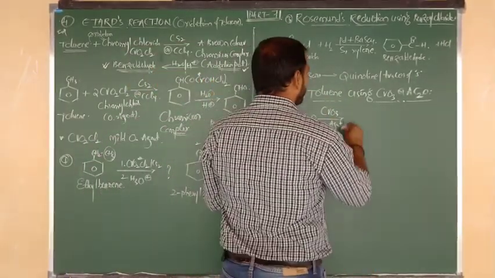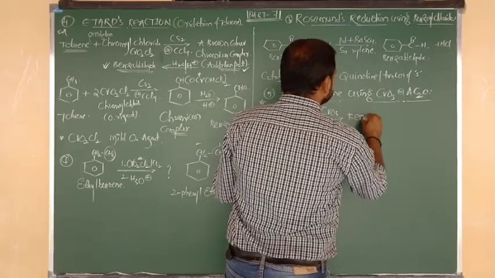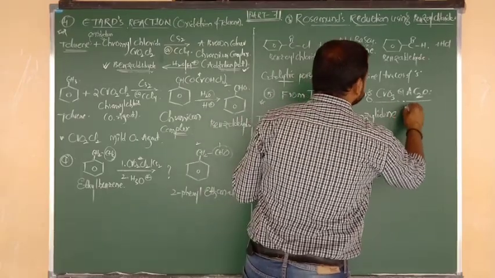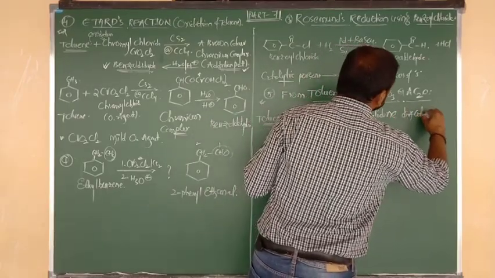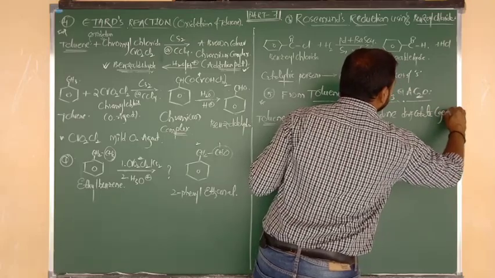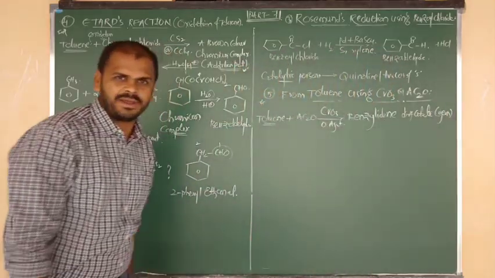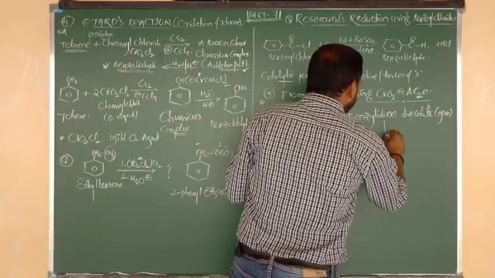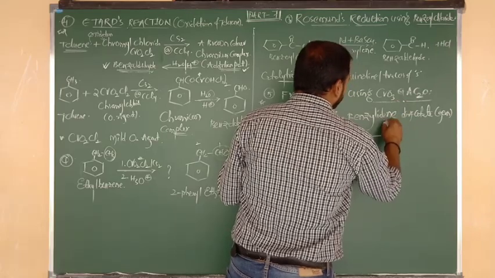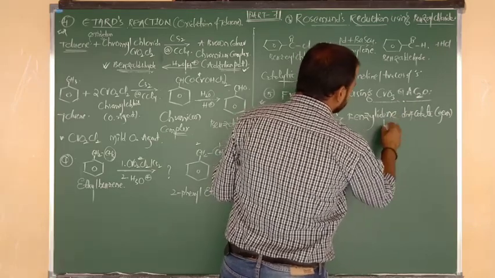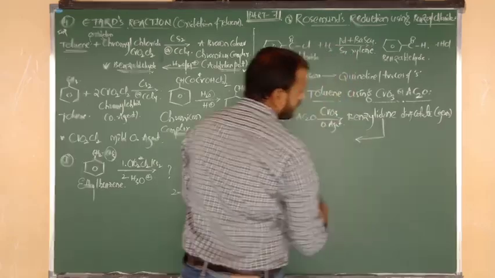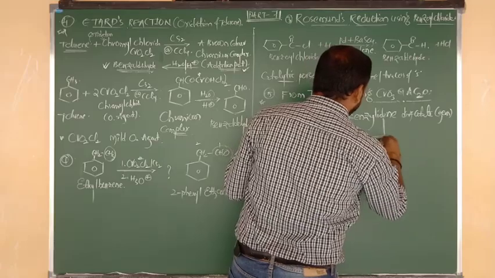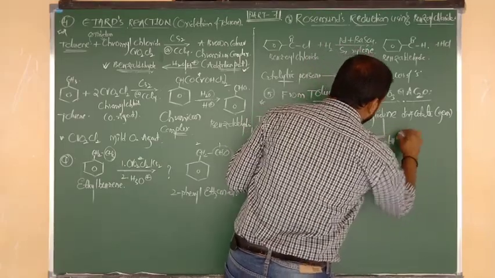What is the name of the intermediate? Here you get benzylidene diacetate, one of the gem compounds, as an intermediate. Benzylidene diacetate undergoes hydrolysis in acidic medium.